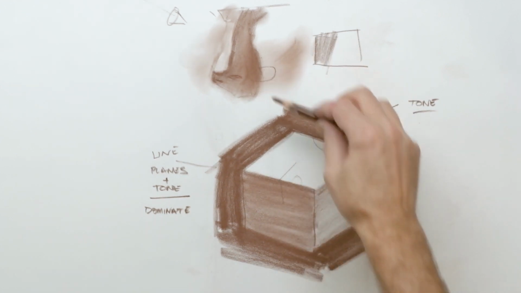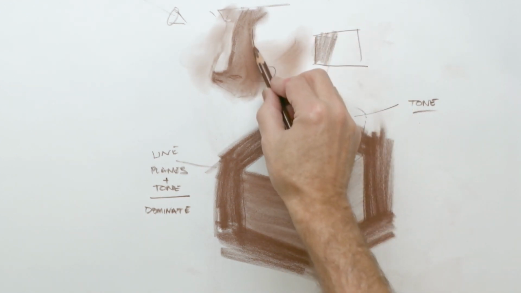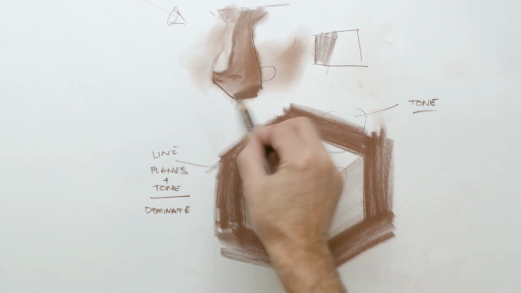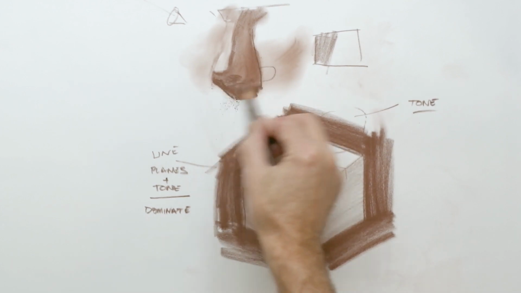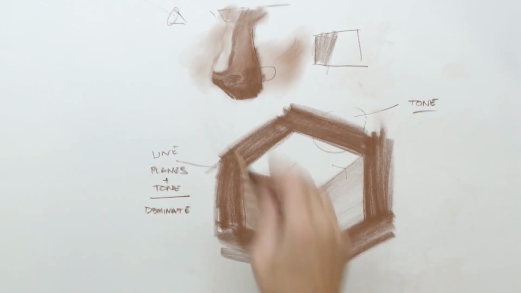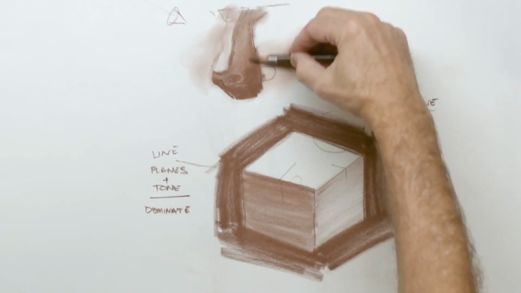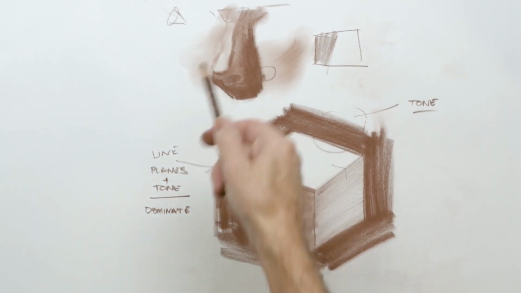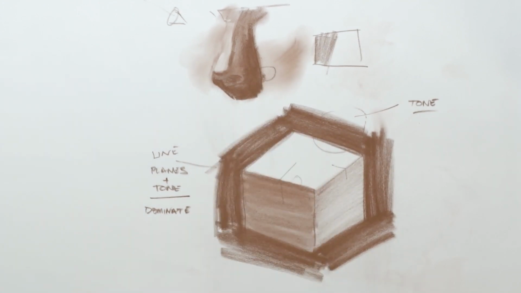On the other hand, if you set up your values incorrectly, and this becomes much, much, much darker for some reason, it'll compete with this, and it won't look right. It's going to compete with that because if its tonal contrast is greater, at some point it will stop being subordinate and start competing with that dual effect that you get there.